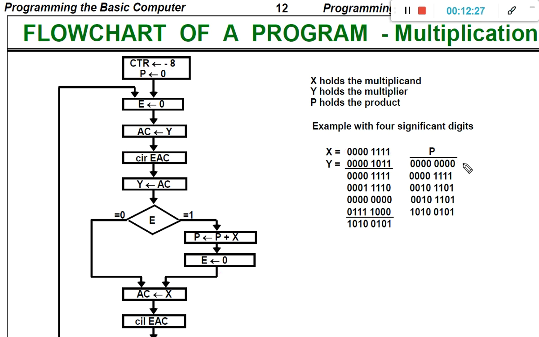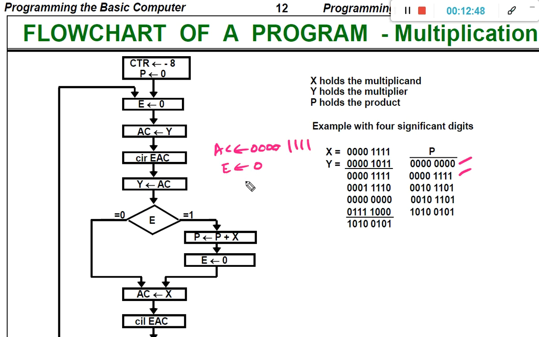Up to here we completed the P value. Now assign the X value, 0 0 0 0 1 1 1 1, to the accumulator register, and the expansion bit we have reset to 0.